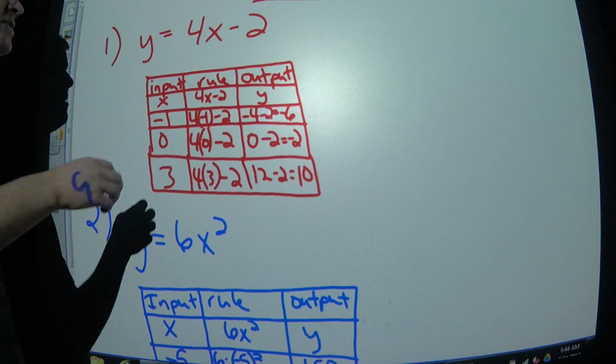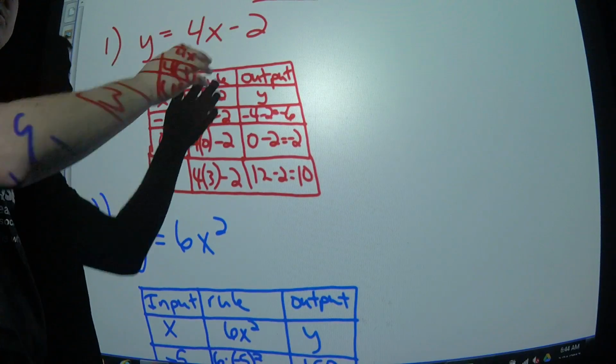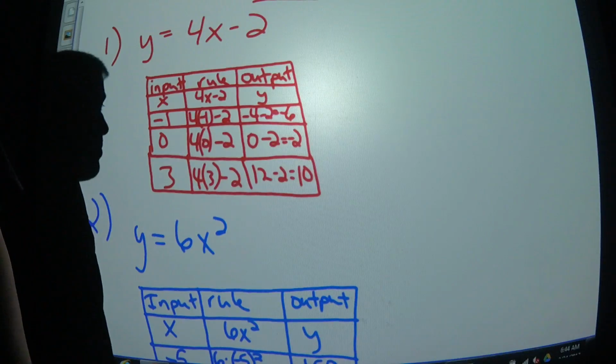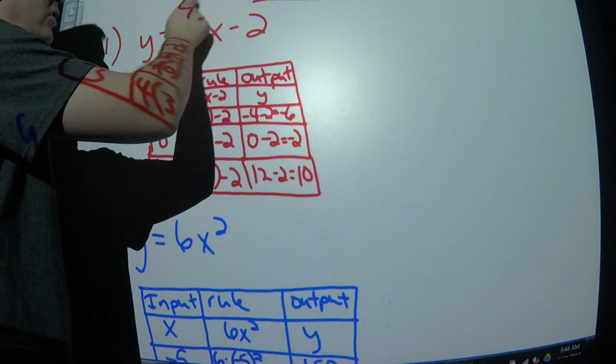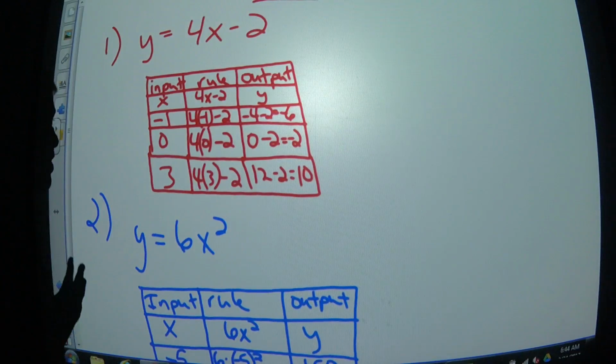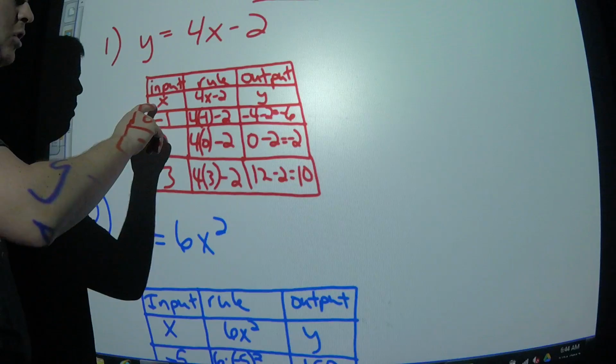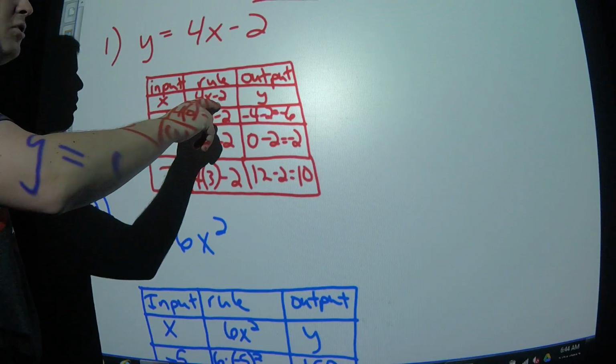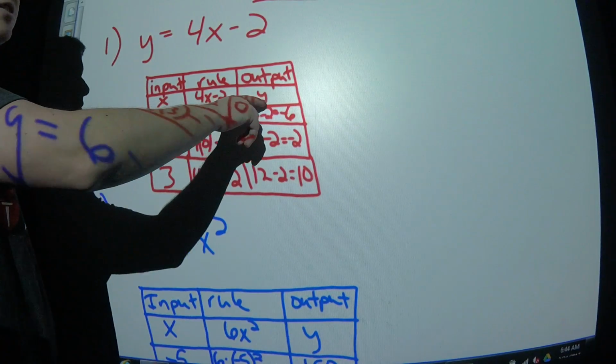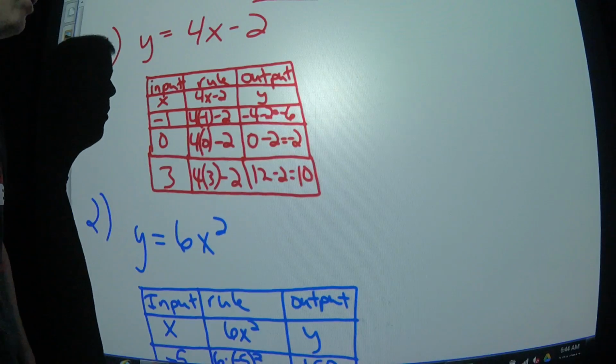The only difference is we didn't have a variable set to an equation. We didn't have a full function. But you're going to be doing the exact same thing. There's no difference. So looking at this table, you're going to put in x into 4x minus 2, and it's going to give you y, which is the output.